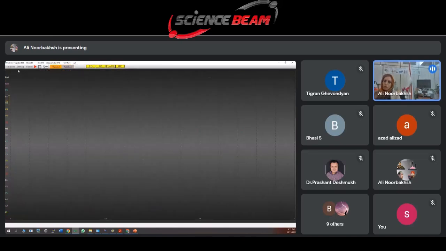This protocol belongs to hospital EEG, and there are 4 events for hospital. EO means eyes open, EC eyes closed, flash, and HV means hyperventilation.